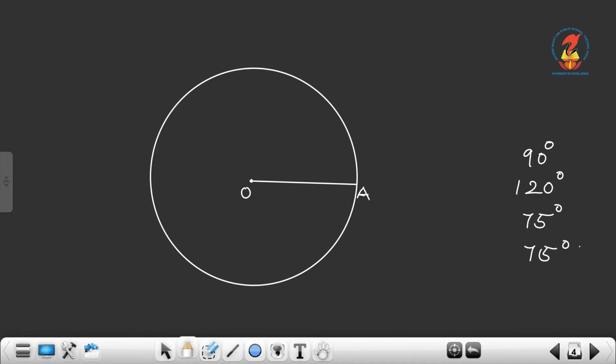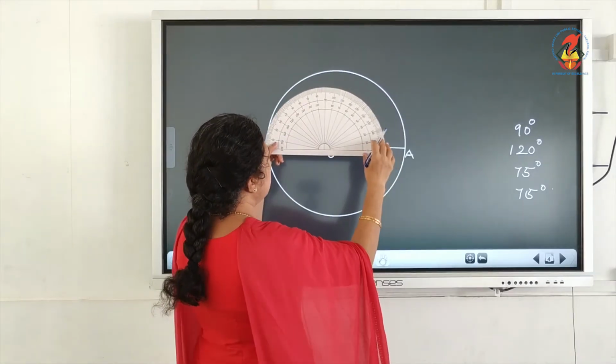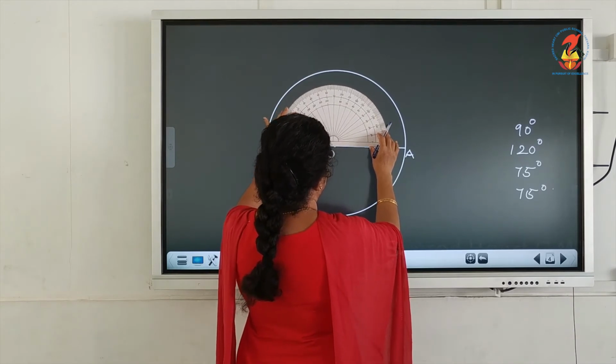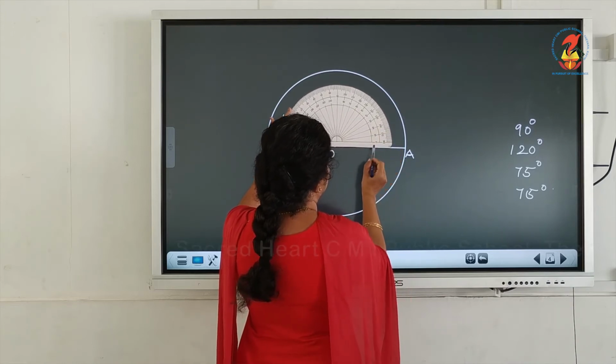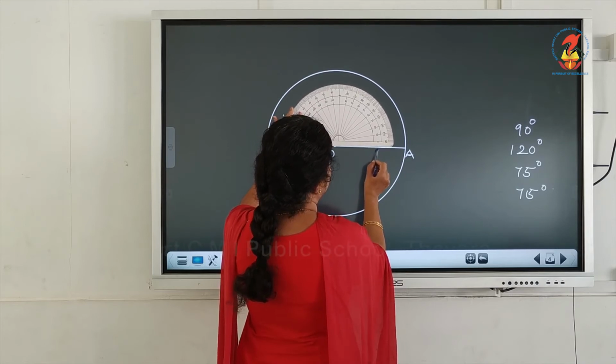Now first we have to represent 90 degrees. Here we have the center of the protractor. The center of the protractor should coincide with the center of the circle. Then look at which scale's zero coincides with the line which we have already drawn.